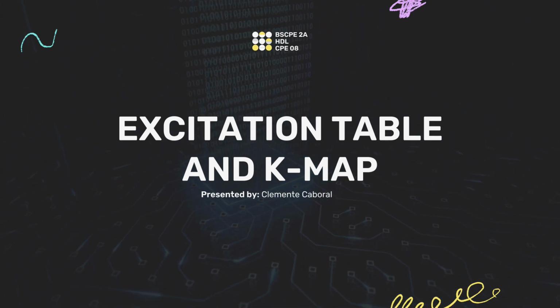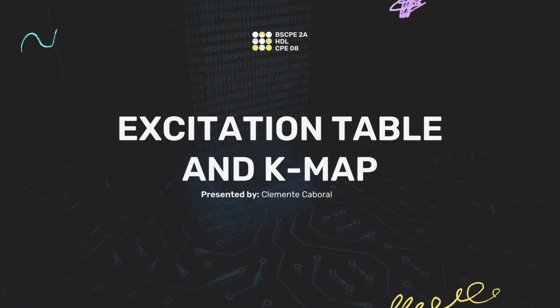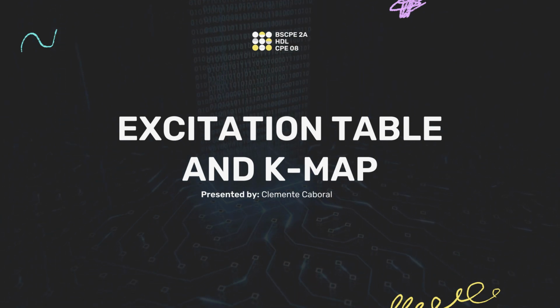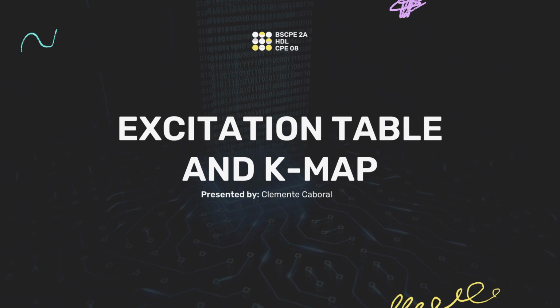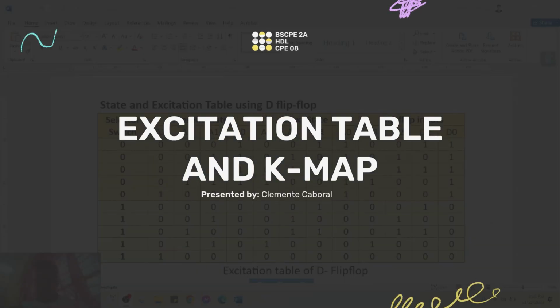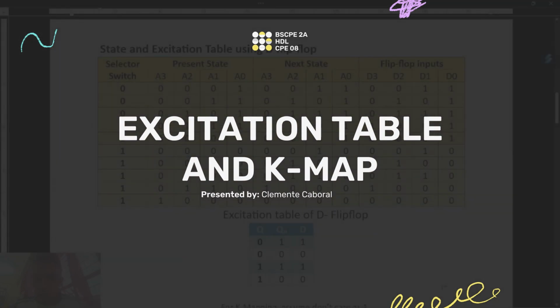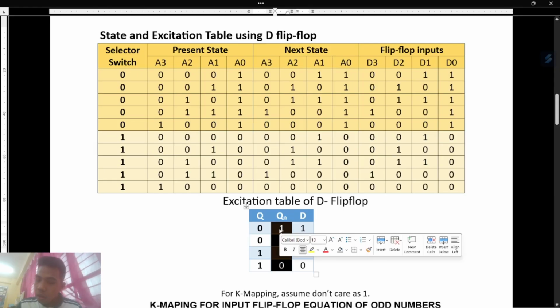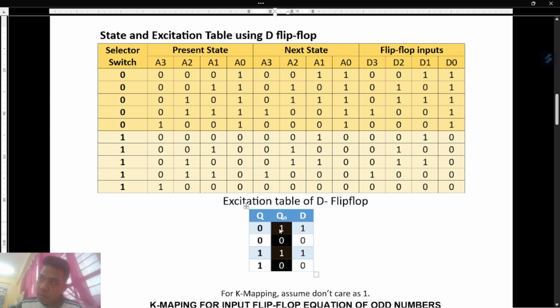So, the next is about the excitation table using D flip-flop. The excitation table of the D flip-flop is the same as the next state. When the next state is 1, the D is 1.